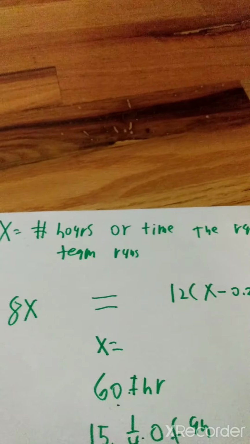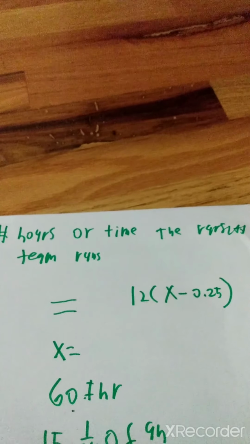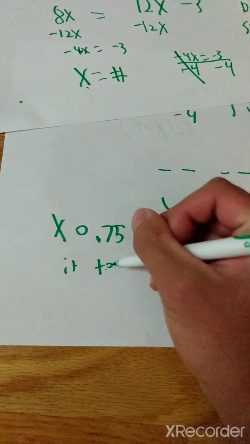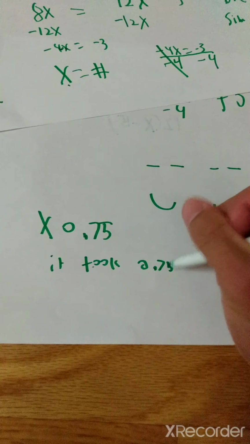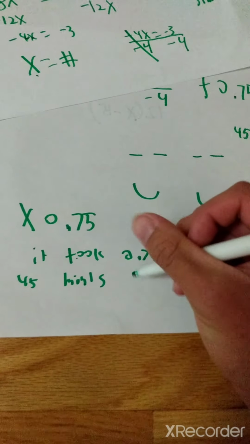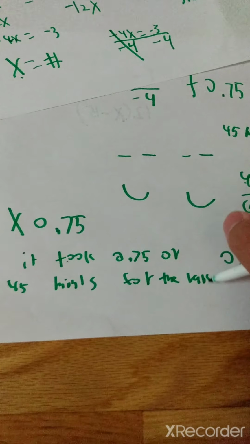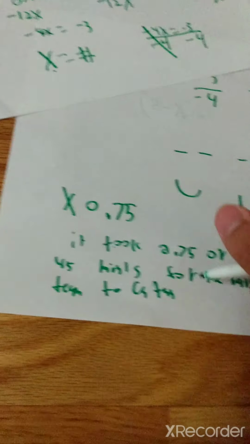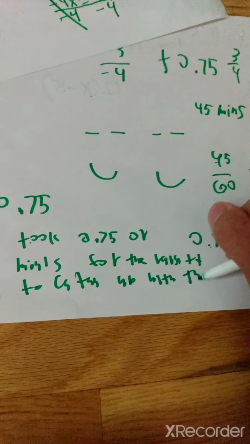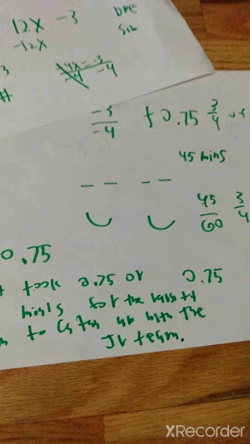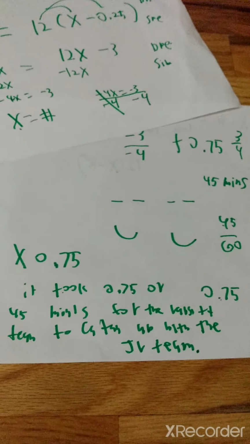And what x represented in the beginning was the number of hours, or time, the varsity team runs. So we can say it took 0.75, or 45 minutes, for the varsity team to catch up with the JV team. So we have finally completed our problem and solved our cross-country problem.